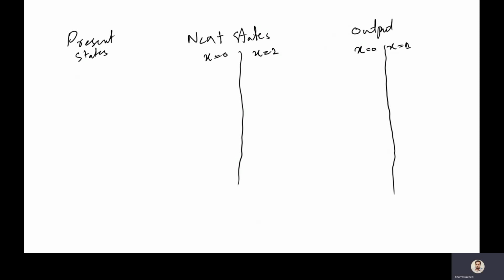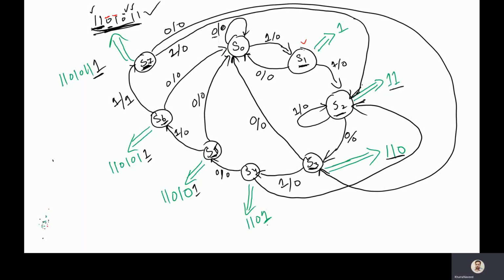So our present state is S0. When input is 0, our next state is also S0. Let me change the color, I guess let's use blue.